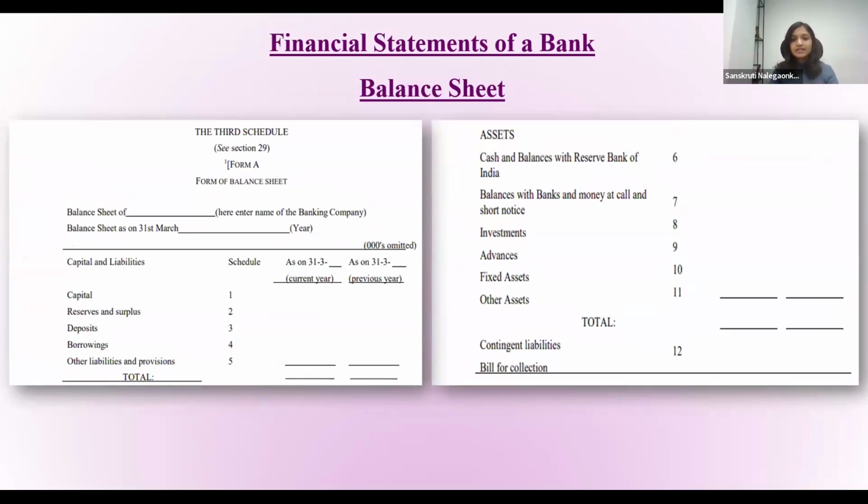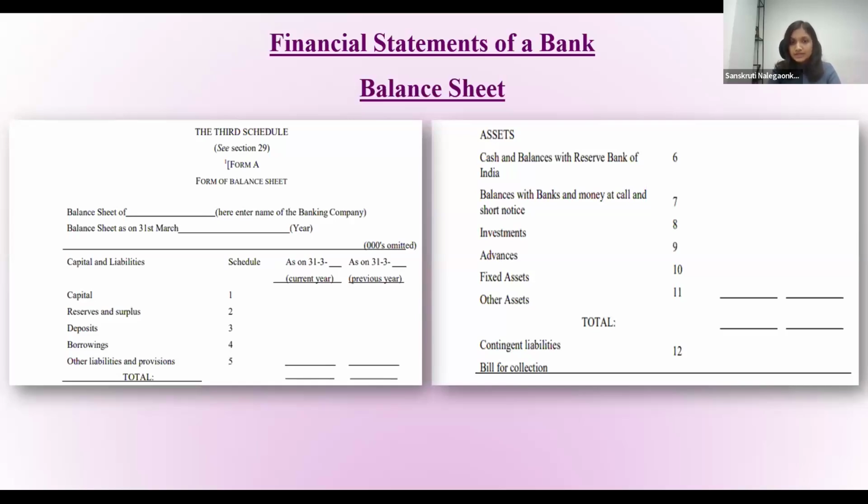Unlike manufacturing companies, where assets comprise machinery and stock, a bank's major assets primarily consist of loans given to customers, while its major liabilities mainly consist of customer deposits. Under liabilities, we have Schedule 1 for capital, covering paid up capital, authorized capital, and preference shares. Schedule 2 for reserves and surplus, consisting of statutory reserves, share premium, and retained earnings.